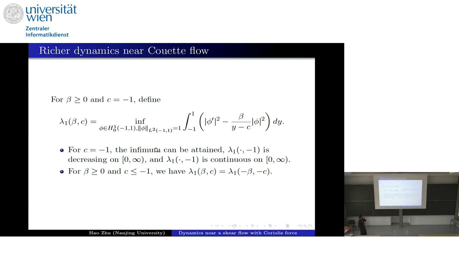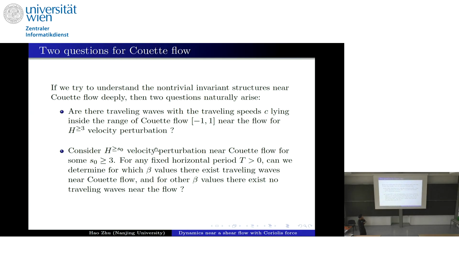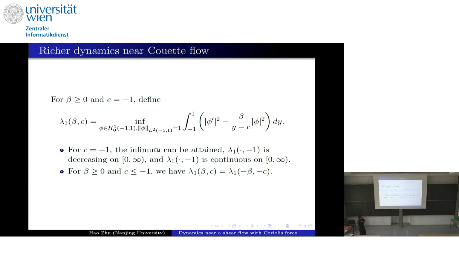So to state the second result and answer the second question, we first define the principal eigenvalues for the Couette flow. For the Couette flow, we know that the profile is y. So here is beta, I mean the second derivative of U is 0.